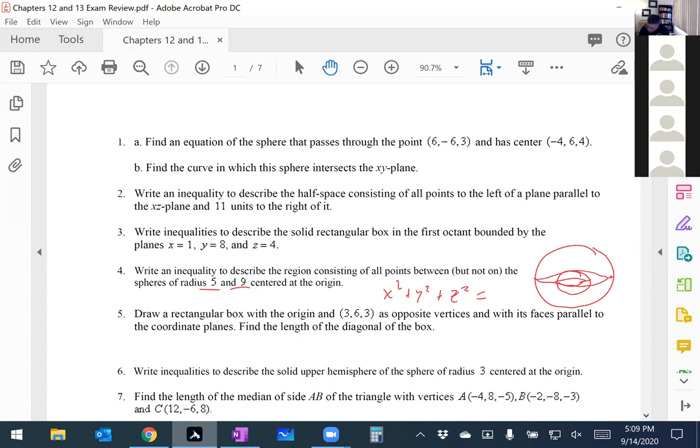And so we want all the stuff between these spheres. So using inequality, this is going to be big R squared and little r squared. So 25 is in between, is less than or equal to that, and less than or equal to 81. Right? That's it. Done. Thank you.